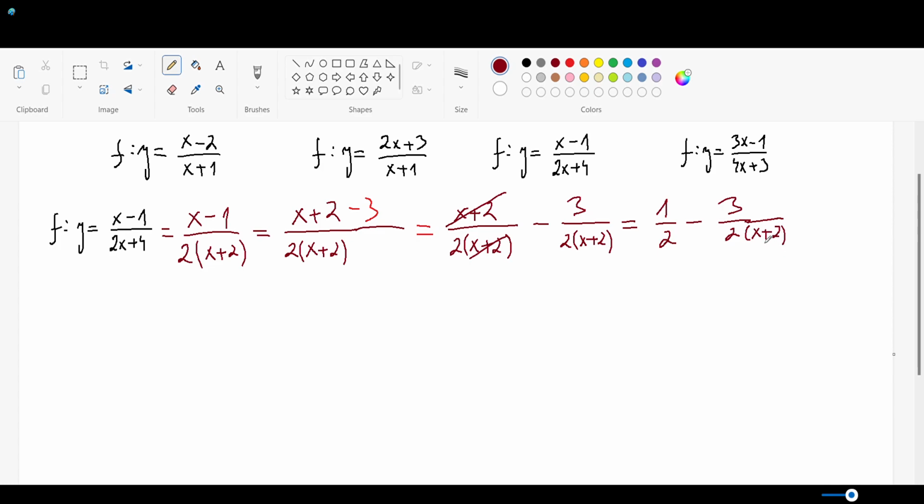I will keep this function in this form because, as we already know, it's important to have 1 times x, because then this number really means the transformation or moving the graph to the right or to the left.